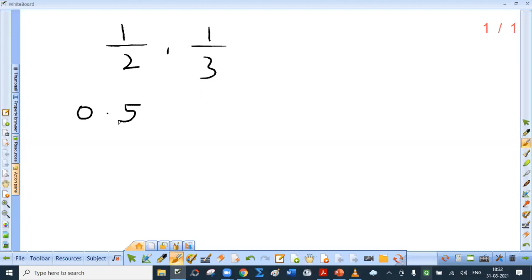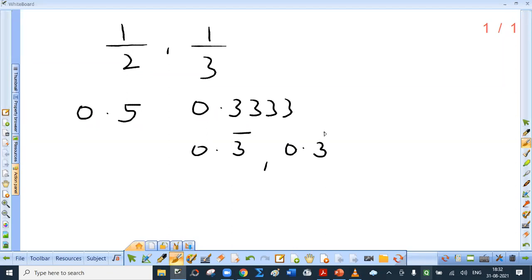We call it a terminating decimal. Can I say 1 upon 3 is 0.3? No. It is to be written as 0.3333 and so on. As 3 occurs repeatedly, we write this as 0.3 bar, or we write this as 0.3 dot. This is called a recurring decimal.